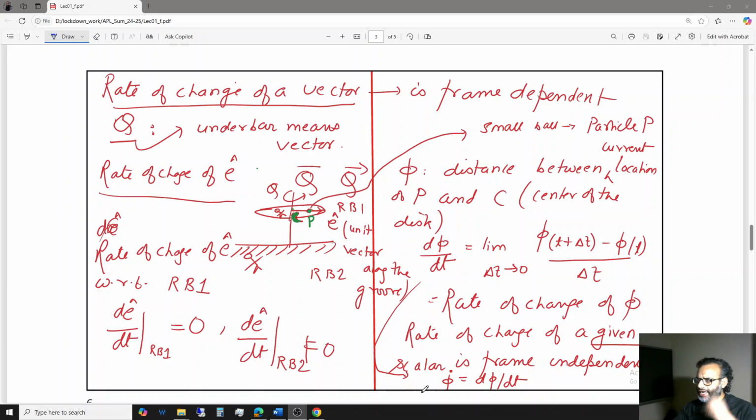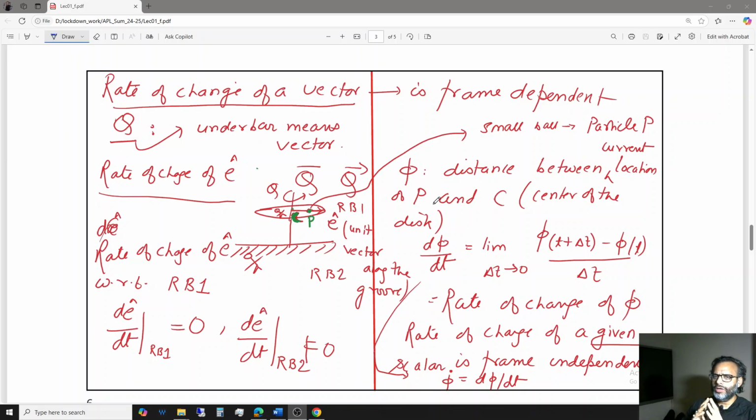Suppose I define phi as the distance between location of P and C. Alright? And now imagine that P is not a point fixed to the disk. P is an insect that is walking, crawling on the disk with its own mind.